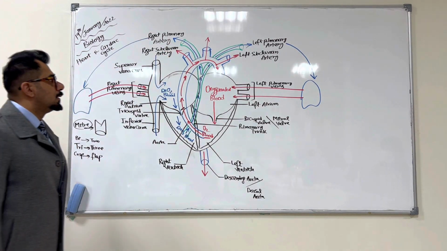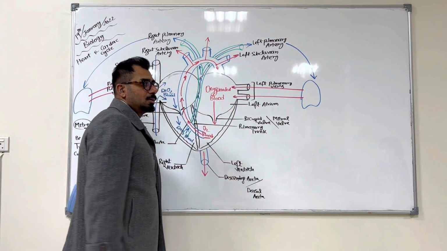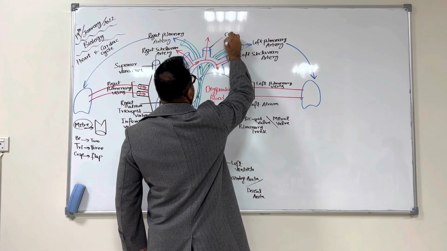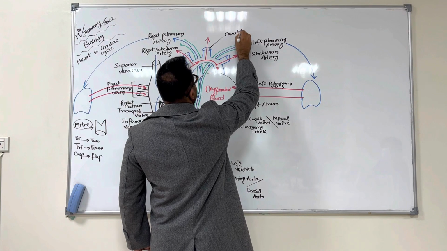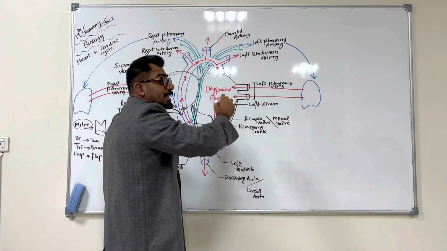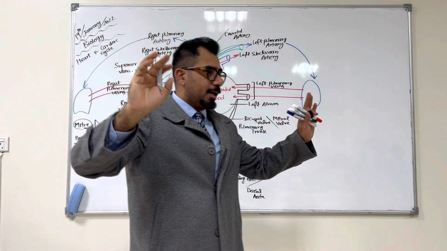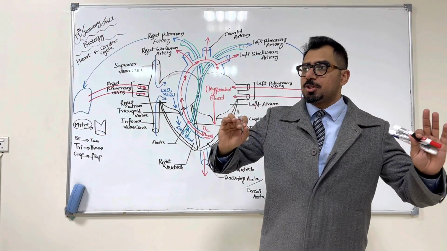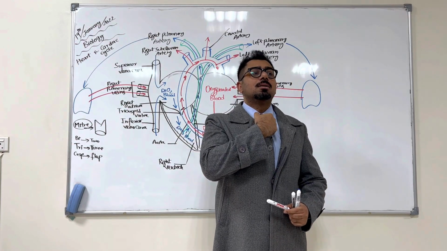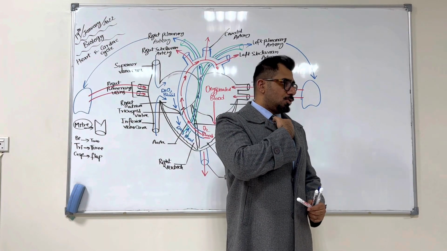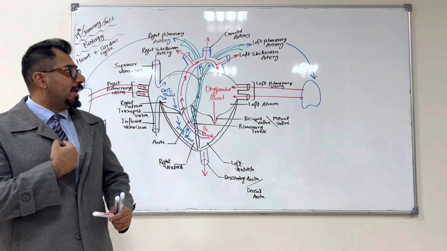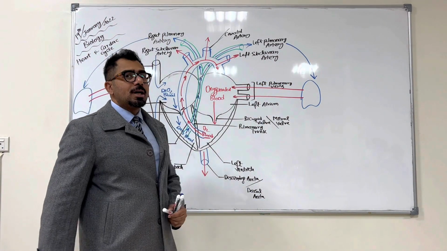Now, this one is called either the carotid artery, and it depends on the position where we are labeling it. If we are labeling it over here, then it is called the jugular artery. Over here it is called the carotid artery.